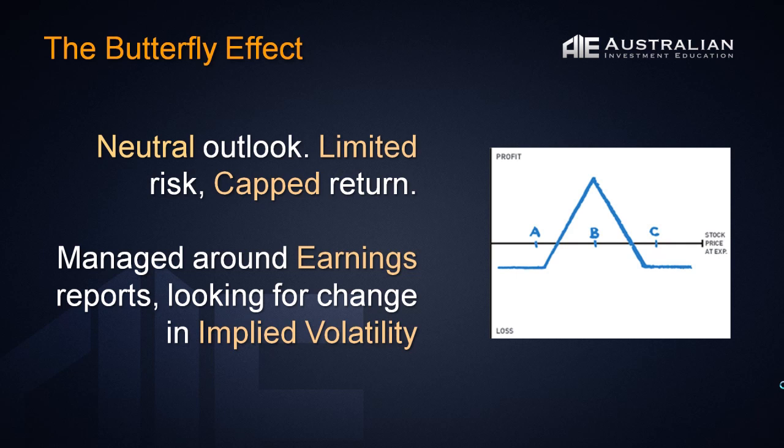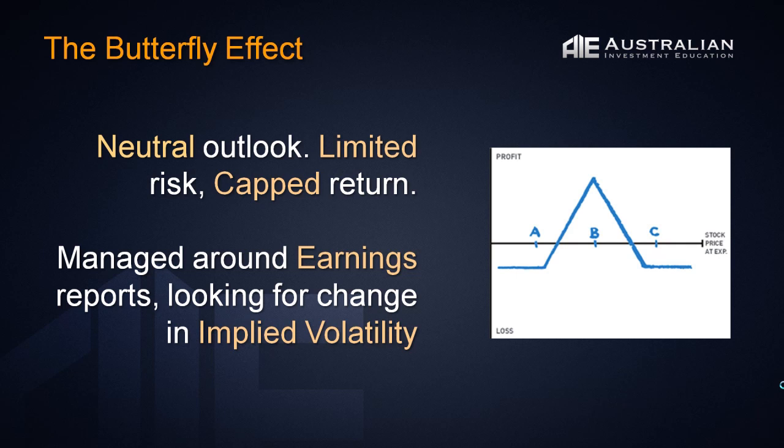The value of the butterfly position will improve with a decrease in implied volatility, and that's with all other factors remaining equal. Now, the key to how we manage the butterfly effect strategy is that we're not attempting to make the maximum potential gain by having that stock price trading at an exact level on expiry of the options. Our management approach is to establish a profit-taking level, and this is usually set at a minimum of 50% of the expected maximum return.